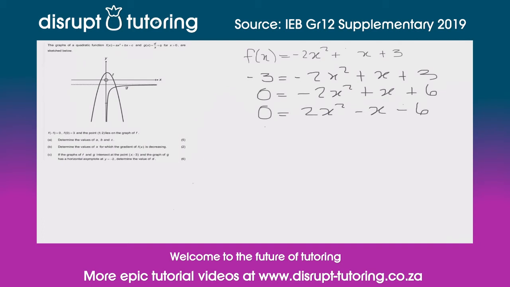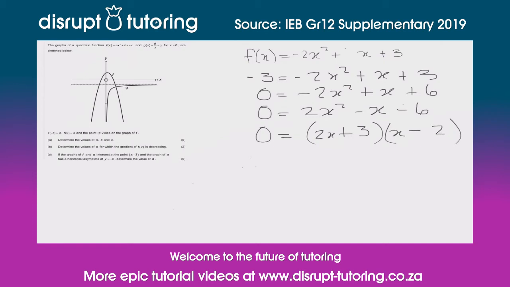Now I need to factorize. After a bit of trial and error with your butterfly method, you're going to open up your two brackets. You're going to have a plus and a minus. You're going to have a 2x in the positive bracket, and that's going to have a 3 with it, and then you're going to have an x and a 2.